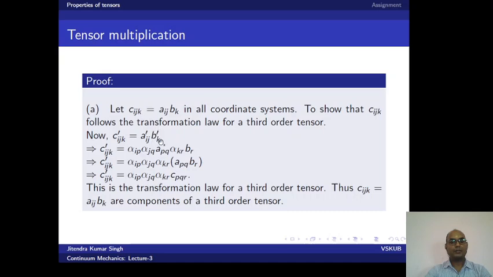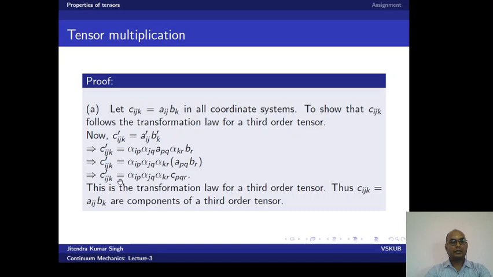of a vector, it will follow the transformation rule for a first order tensor. So Bk dash is equal to alpha Kr Br. So now we can write Cijk dash is equal to alpha Ip, alpha Jq, alpha Kr, Apq, Br.